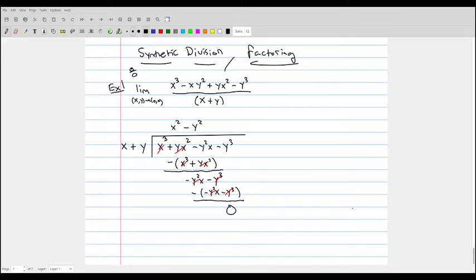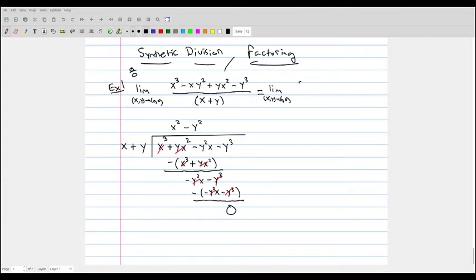Which means that this polynomial right here is the same thing as the following. What we've just shown is that the polynomial x plus y divides into the polynomial x cubed minus xy squared plus yx squared minus y cubed evenly.